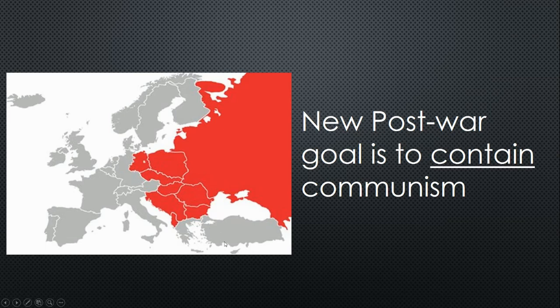So one of the big focuses is to contain communism or keep it where it is. One of the motives is that if nothing is done about this now, it's going to be more difficult to deal with later on, so really trying not to repeat some of the issues that led to the rise of Hitler and ultimately the outbreak of the Second World War.